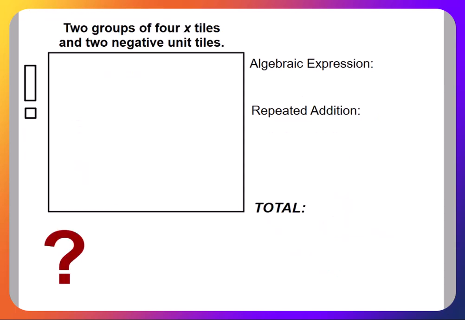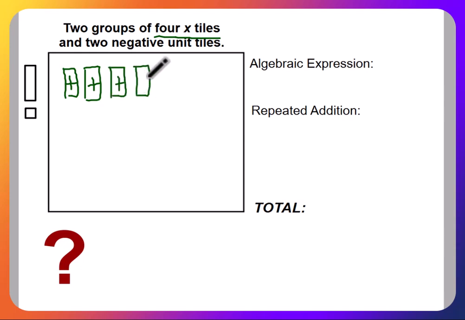Okay, the next one. Now we have 2 groups of 4 X tiles and 2 negative unit tiles. Okay, so let's model. We want 2 groups. What do we want in each group? We want 4 X tiles. So here we go. It doesn't say they're negative, so that means that they're positive. 2, 3, 4.